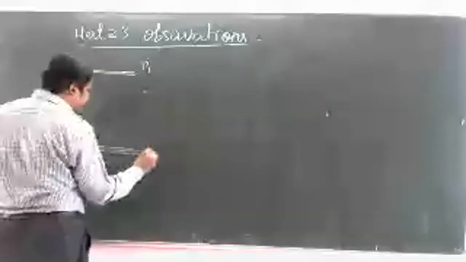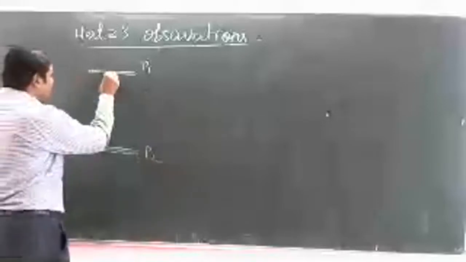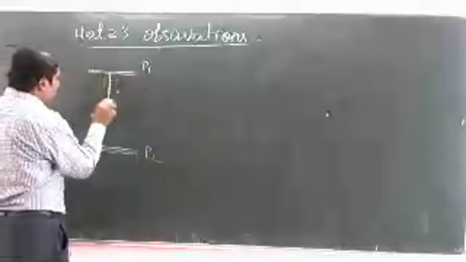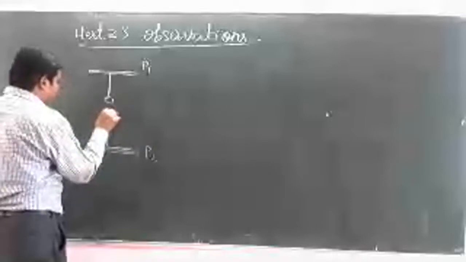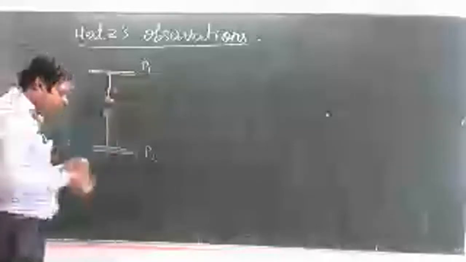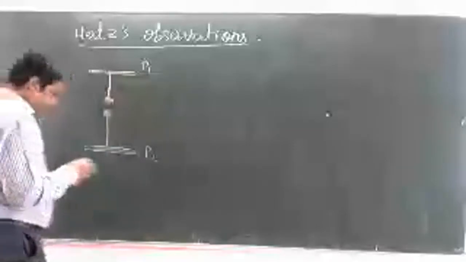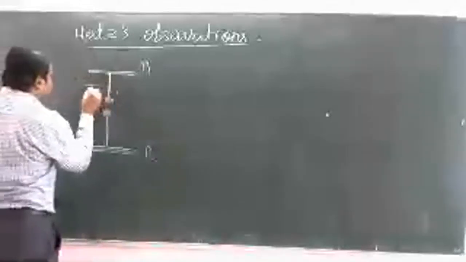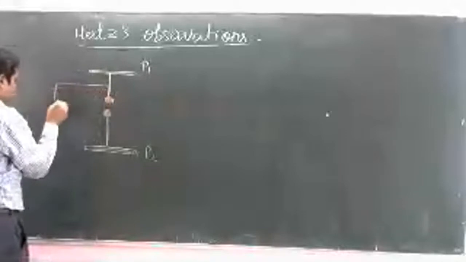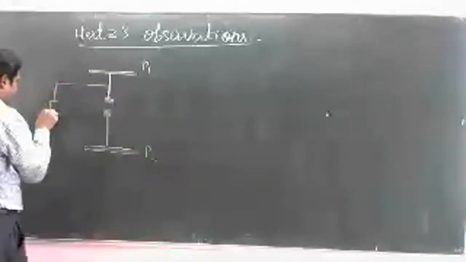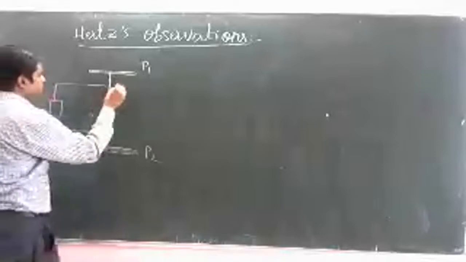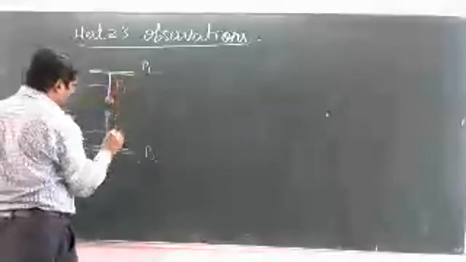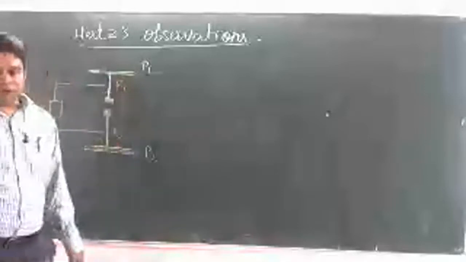Here P1 and P2 are metal plates. These two are copper rods.